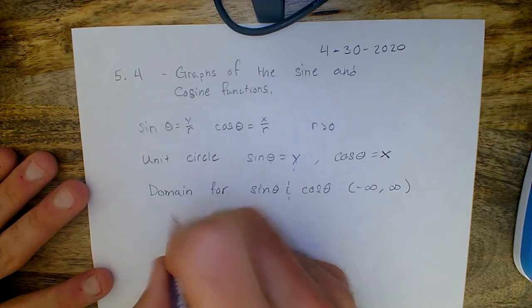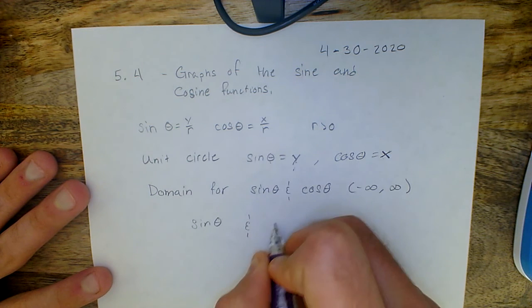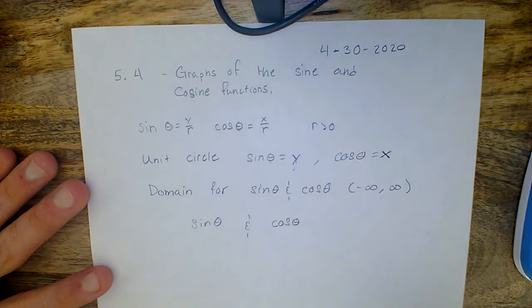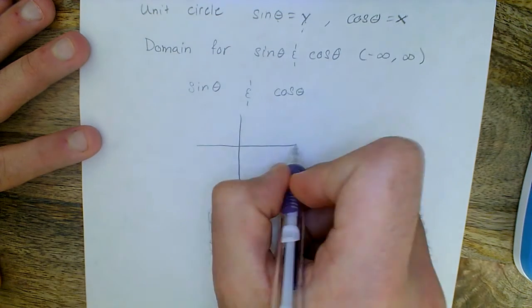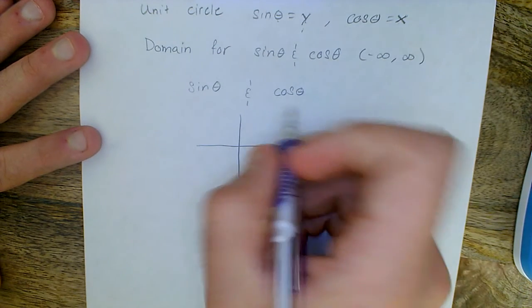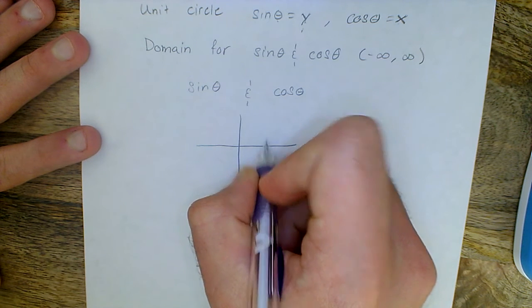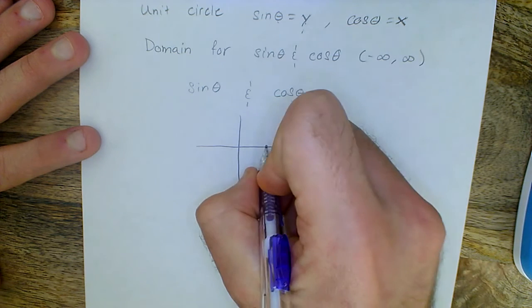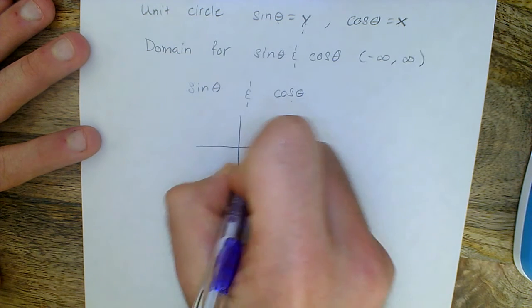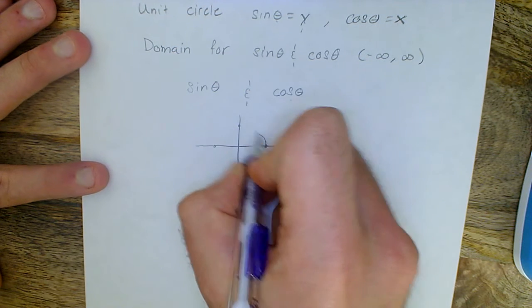Okay, so if we're just talking about sine theta and cosine theta, we can look at this unit circle here. If we put in 0, we get sine of 0 is 0 and cosine of 0 is 1. That's this angle right here. And then we continue to do this.